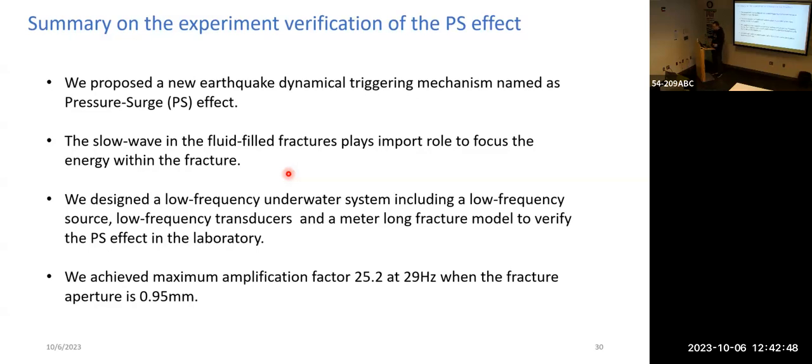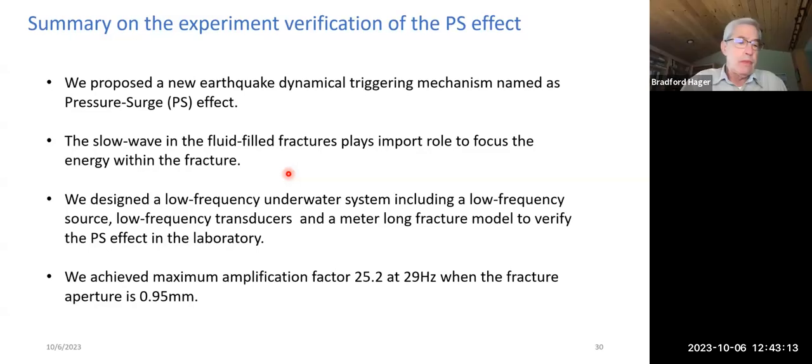The channel for the fluid is very clear, so we can observe the good amplification. But for a rough fracture and some inclusion filled in that, I think the case will be much more complicated, and I have no idea what will happen for that type of fracture. Okay, thank you.